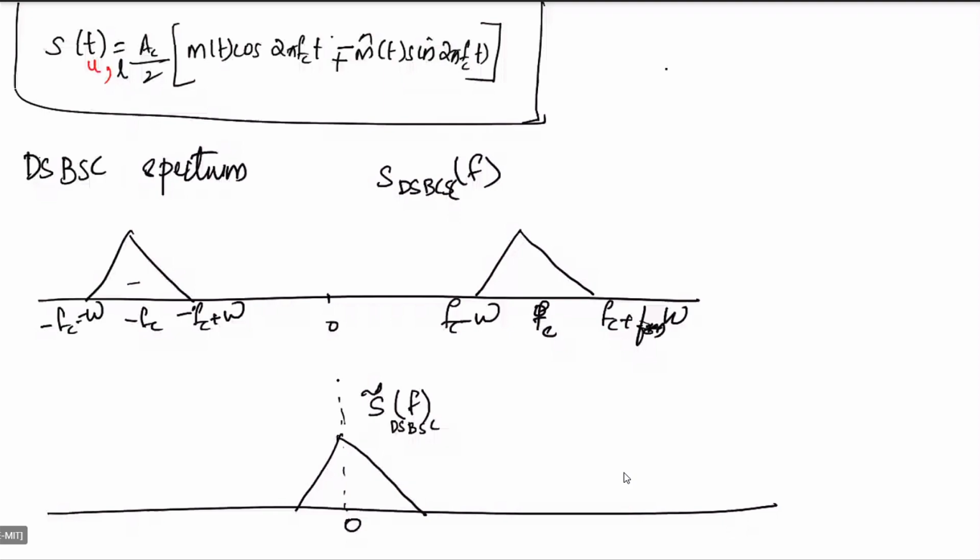This is the axis, this is f. This is W, this is minus W, Ac into M0. So this is the low pass complex envelope of DSBSC, the spectrum of the complex envelope.